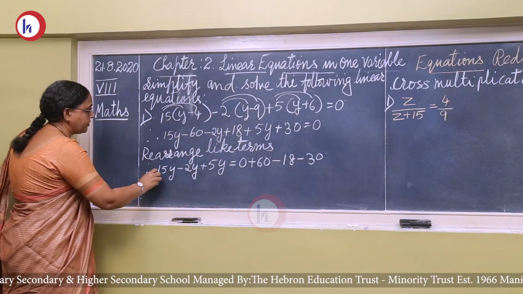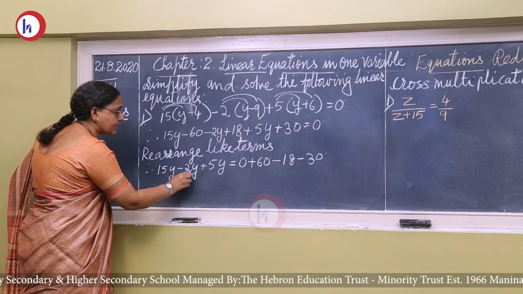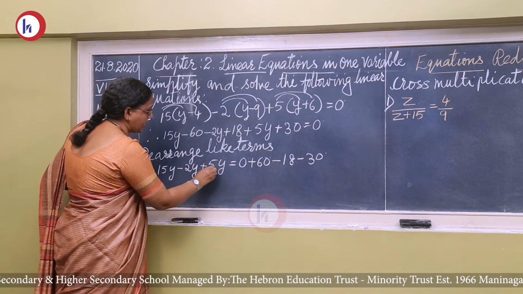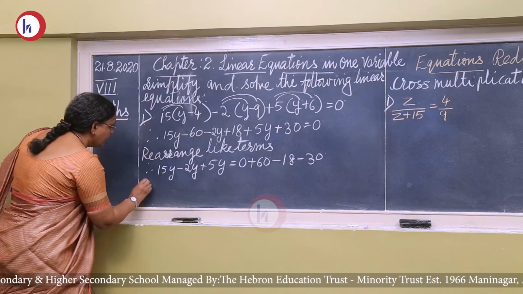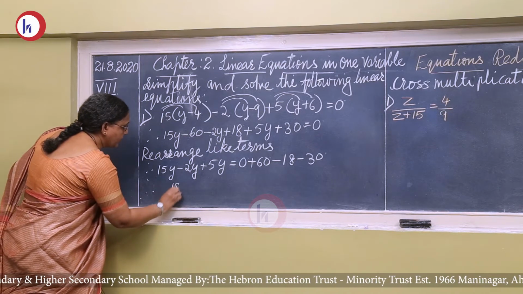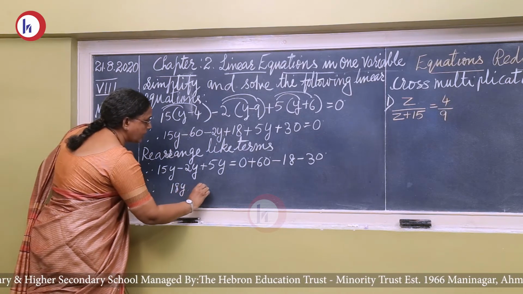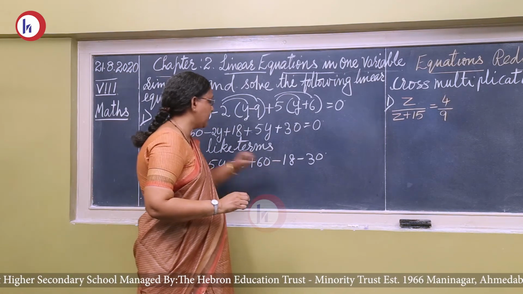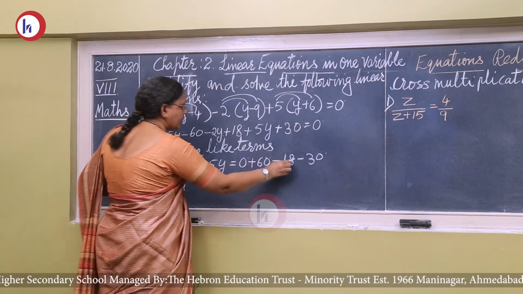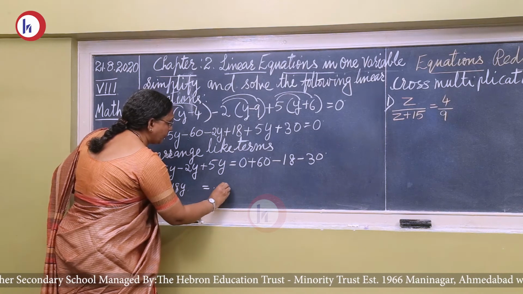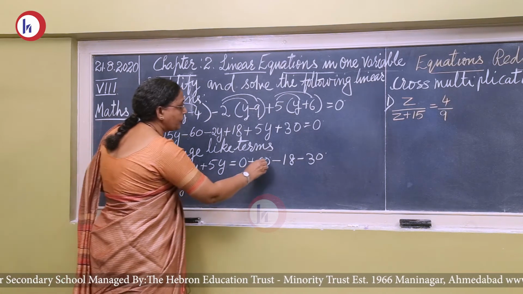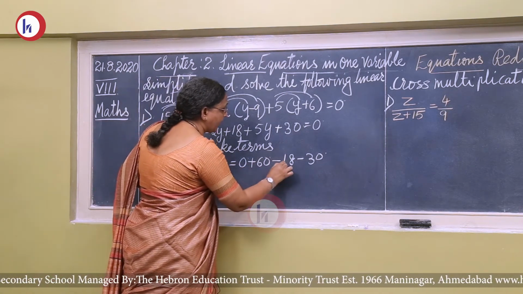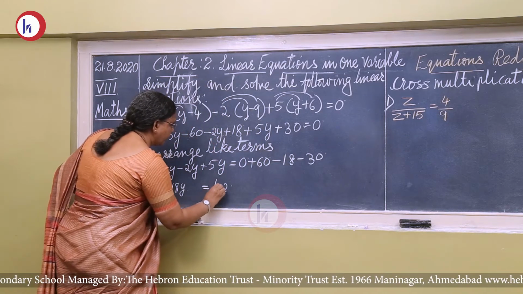Now solve it. 15y minus 2y, that is 13y. 13y plus 5y, 18y. Therefore, 18y is equal to, now here that is 60 minus 18. That means 10 minus 8, 2. 10 minus 8, 2, you get, then 5. 5 minus 1, 4.